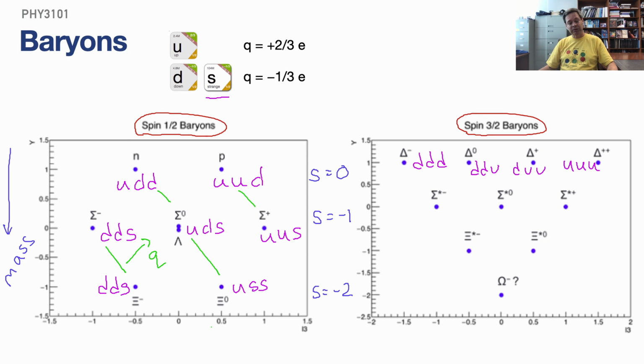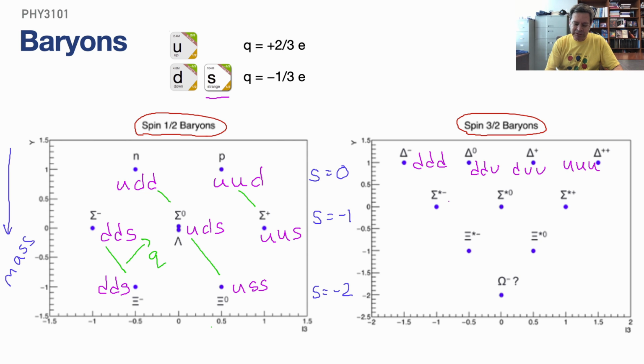Now, for the next row, I'm reaching strangeness -1. That's the sigma baryons, but not the same sigma baryons. So there's a little star there. It just means an excited state, sigma star baryons. And now I need to replace a down quark with a strange type quark in that case. And that should essentially do the trick there.